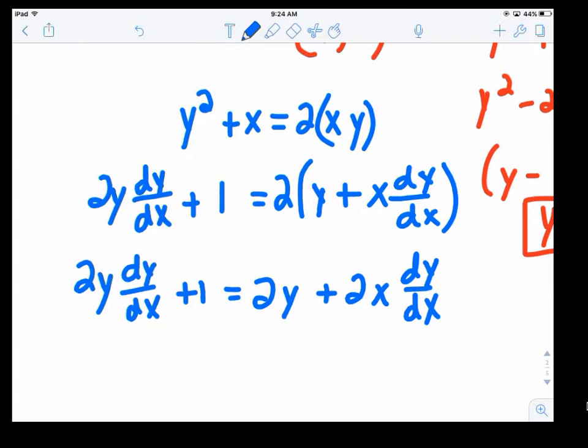Now what would you do? So this is the product rule using x times y as your function. So derivative of the first would be 1 times the second. That just gives you the y plus the first times the derivative of the second, which is just dy over dx.